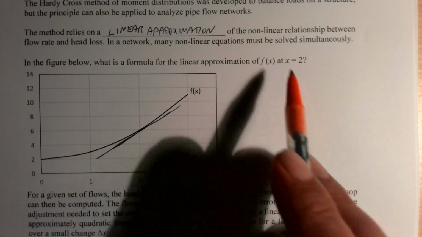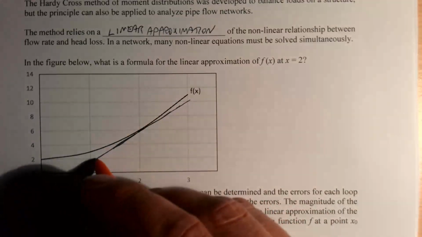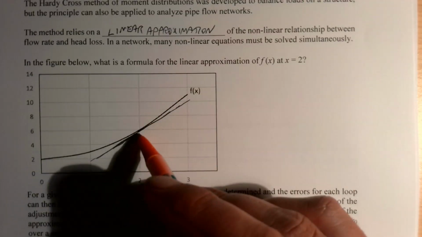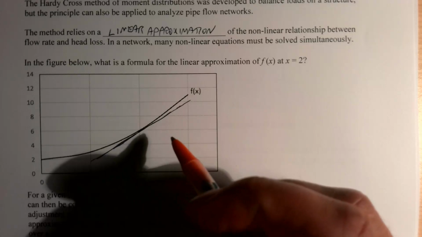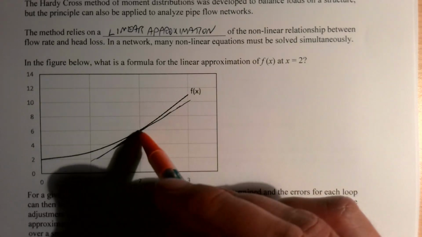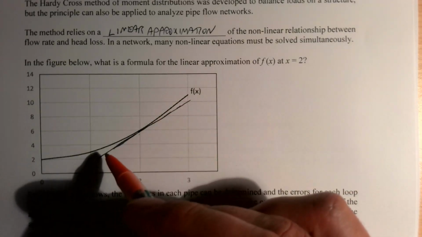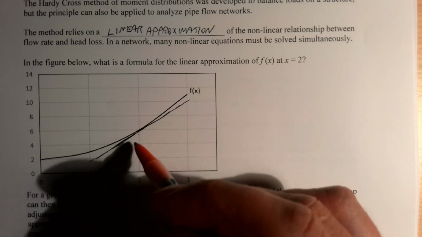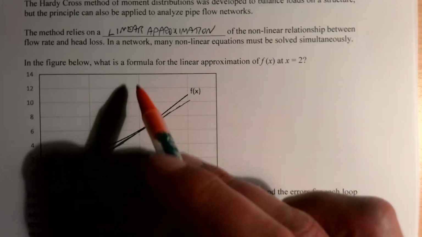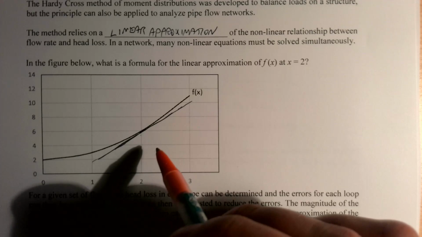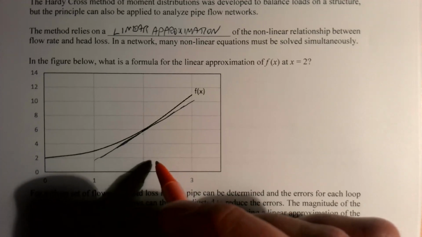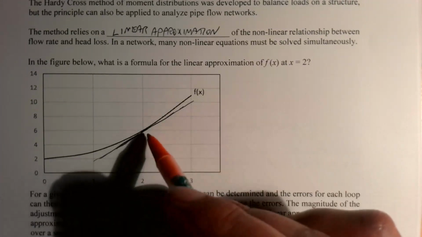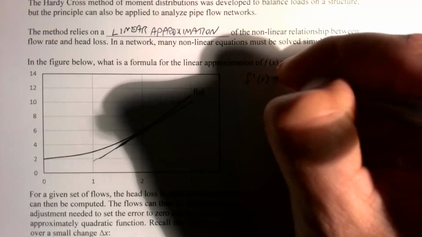And what we really want here is to come up with an equation to describe this line. Remember, if it's a line, we need to know the slope of the line, and then we need to know how high up and down the line is, with something like the y-intercept. So to get the slope, we need to take the derivative. So we need f prime of x.